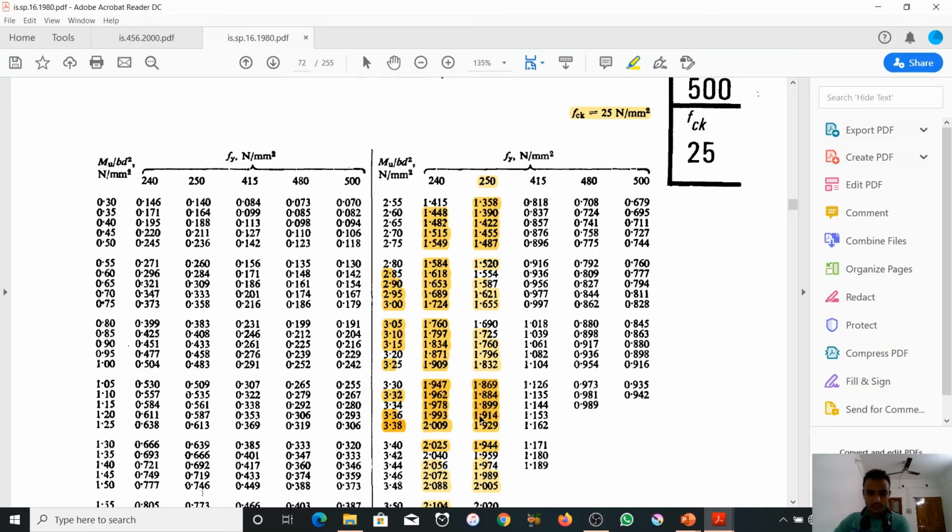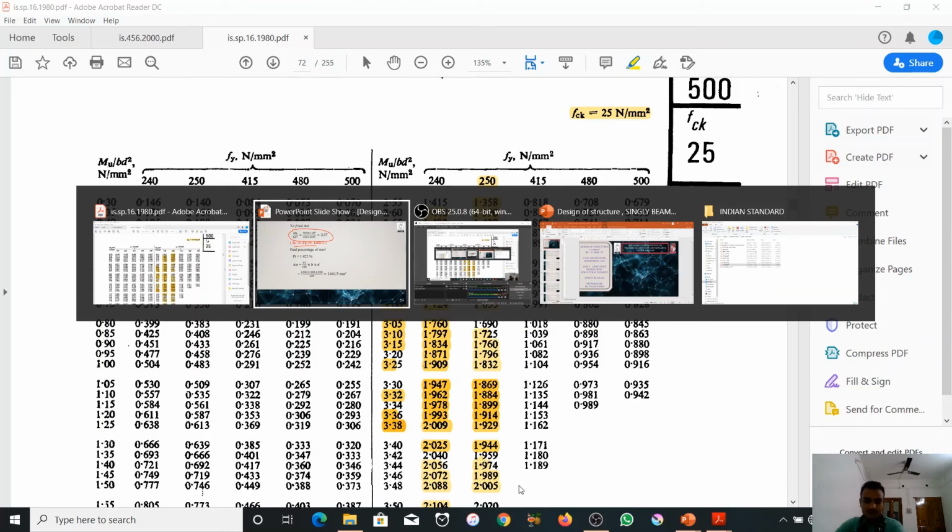So we have two values here, 1.194 and 1.192. Whichever you want, you can take the smaller one, or take the average value, or you can take both values.